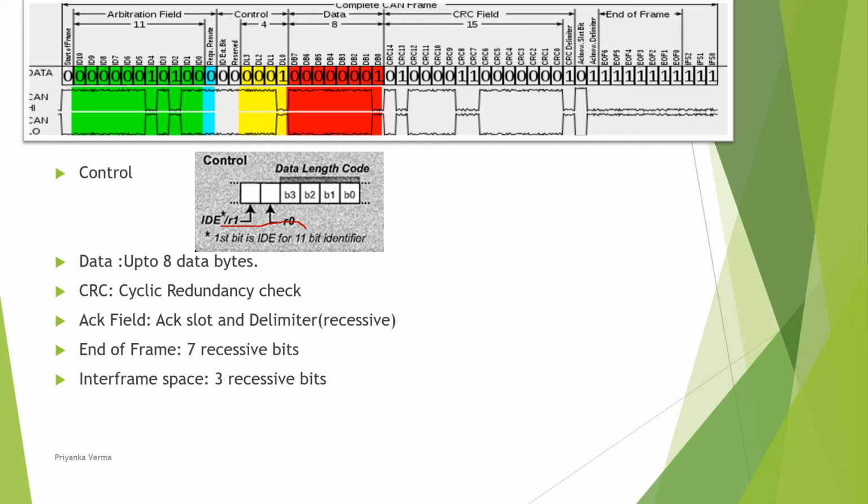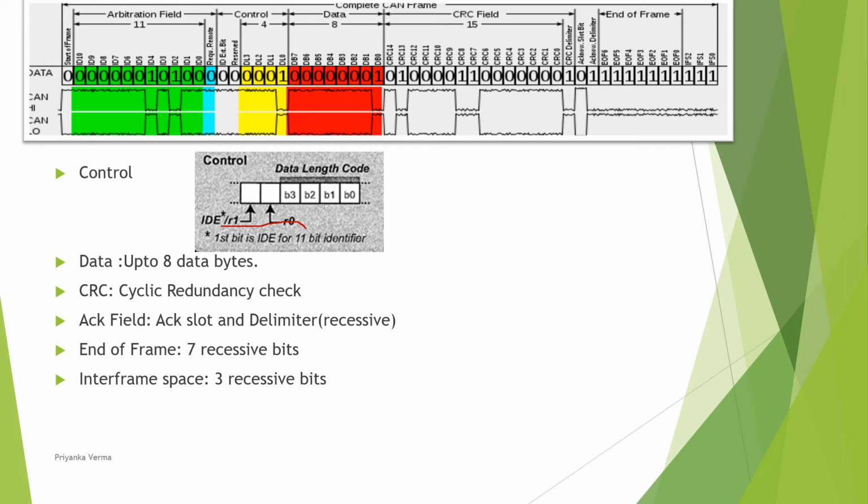After that comes the check, the cyclic redundancy check. In this case it's a 15-bit polynomial, and its ending is marked with a delimiter of a recessive bit, which is 1 in this case. With the help of this cyclic redundancy check, the probability of an undetected message error goes below 4.7 times 10 to the power minus 11.